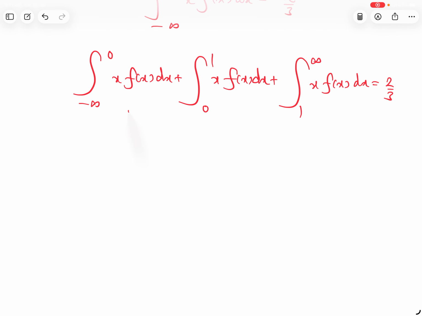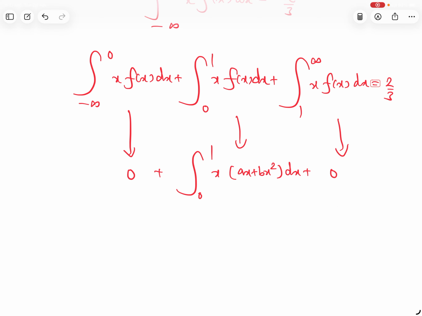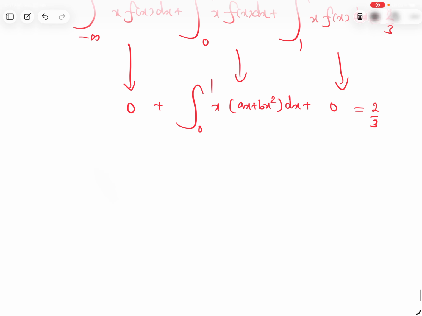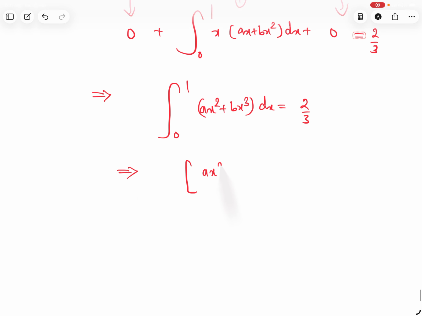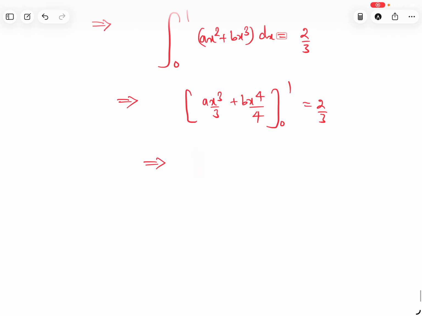This gives ax cube upon 3 plus bx to the power 4 upon 4 from 0 to 1, and after solving the limit, a by 3 plus b by 4.